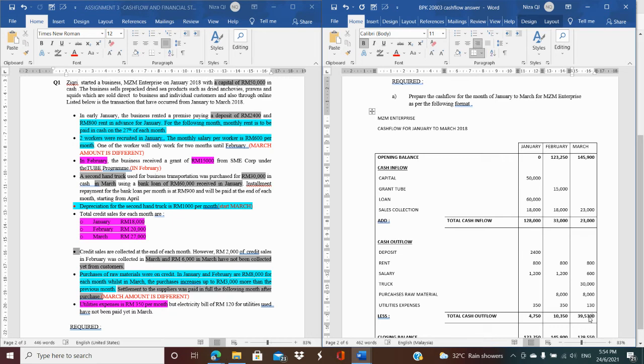So the amount of the cash should be 145,900 plus 23,000 minus 39,530, so 129,370.